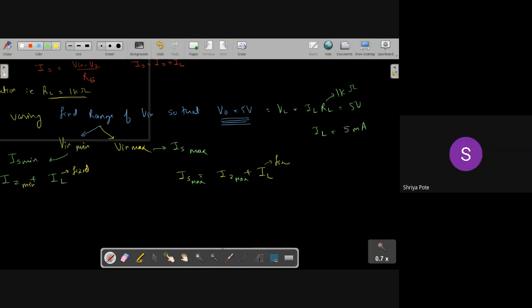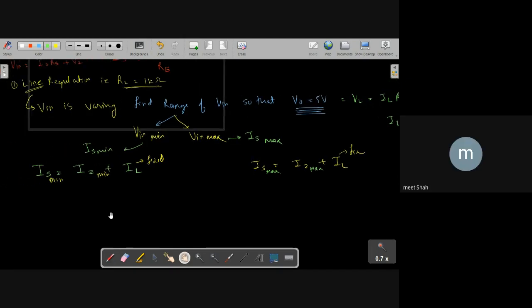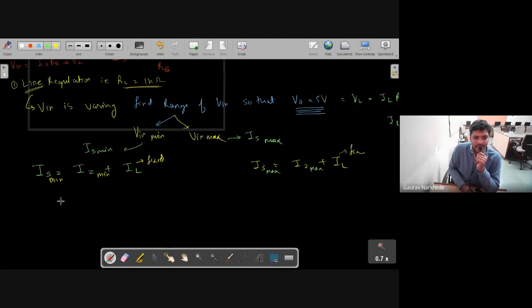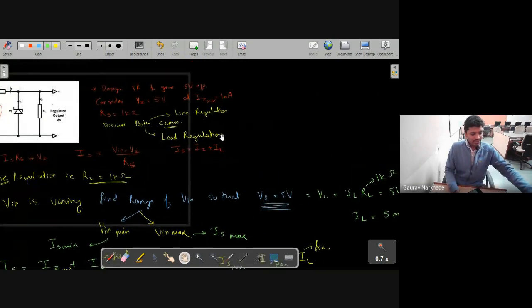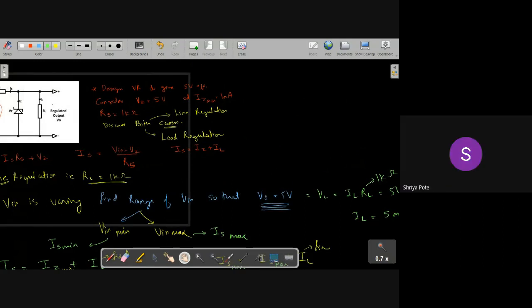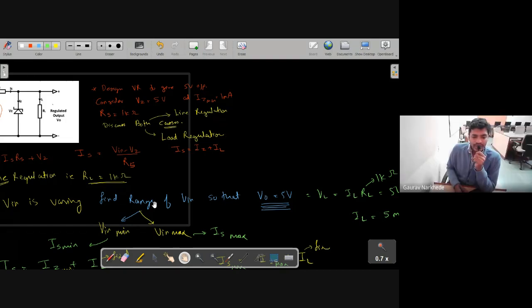So IS minimum is IL plus IZ minimum. What is IZ minimum? That is given, 1 milliampere.